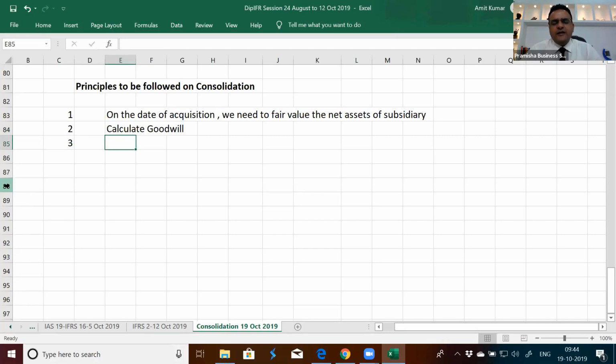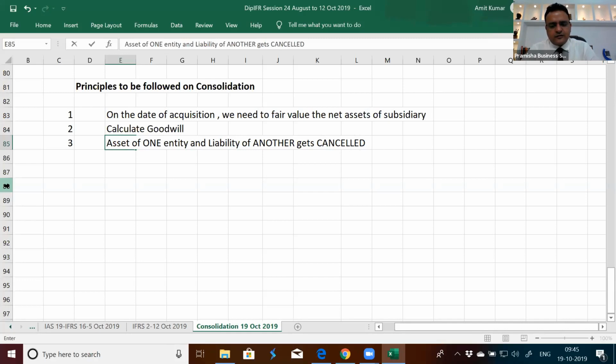When we consolidate, as I said, an asset of one entity and a liability of another entity cannot be presented in consolidated results, because we are treated as a single economic entity, a single group. So the asset of one entity and the liability of another gets cancelled on consolidation.